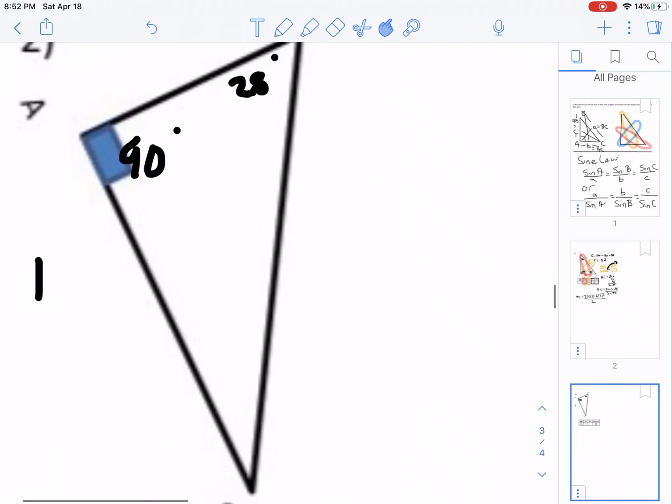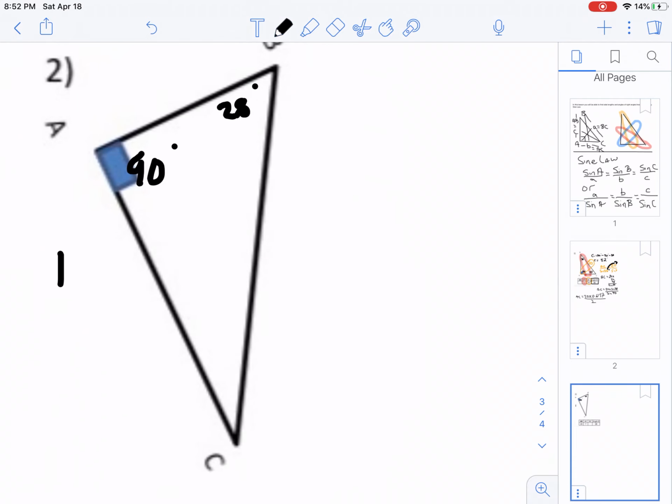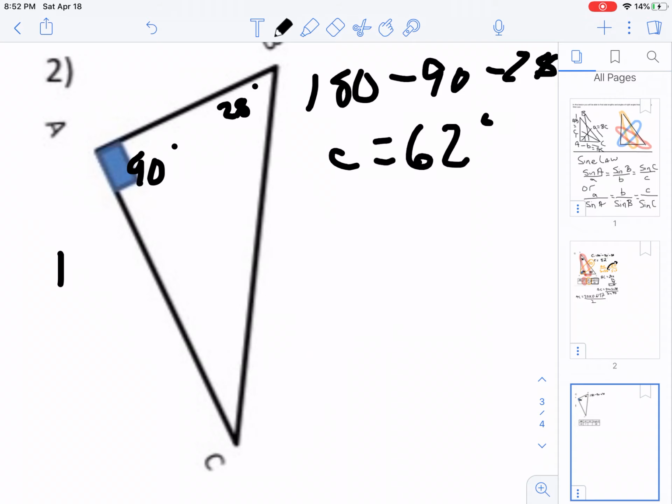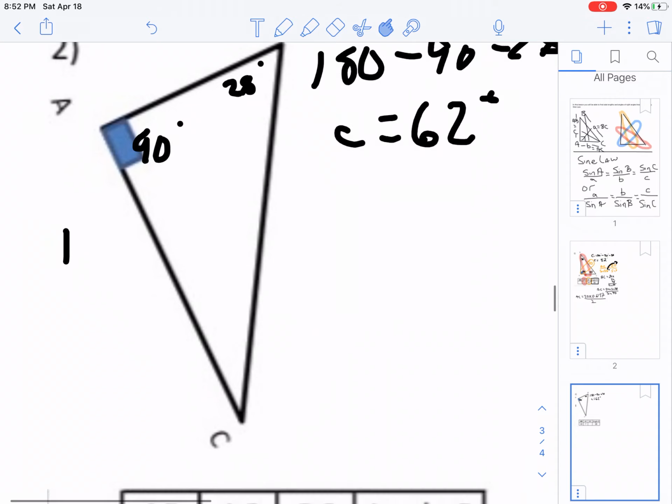And to find angle C, we know every triangle has 180 degrees, minus 90, minus 28. So C equals 62 degrees.